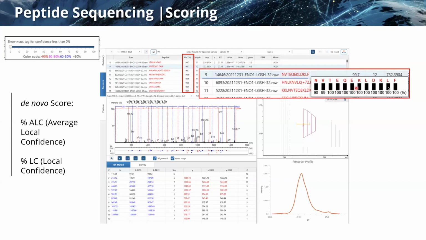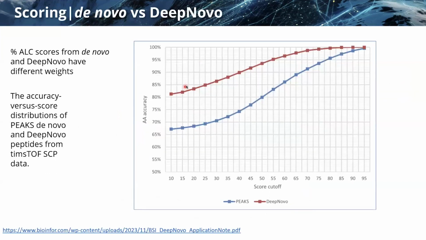And then we simply take the average across these local confidences and report it as the percent ALC or percent average local confidence.